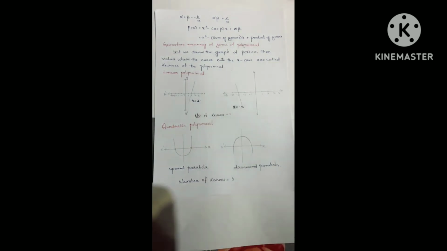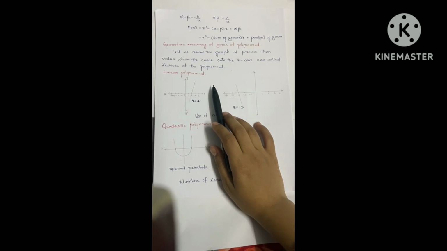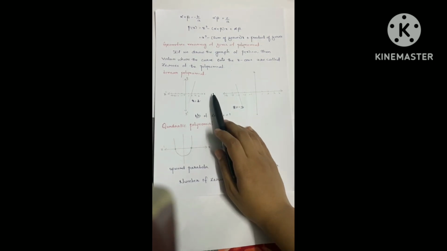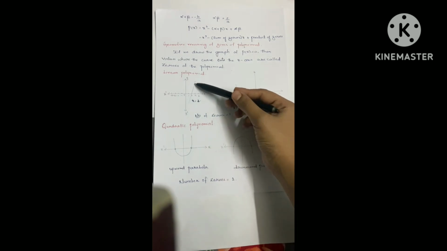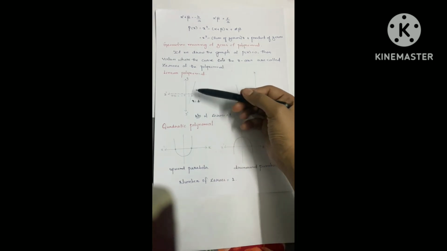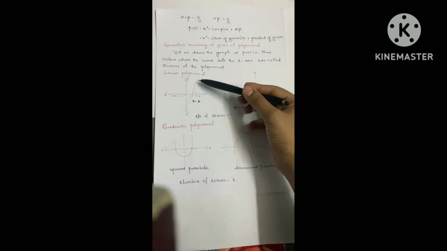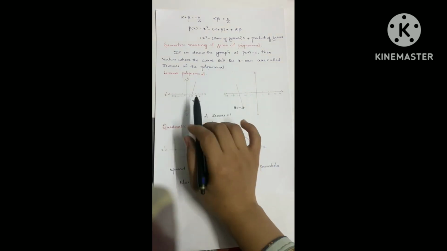For a linear polynomial, the graph is going to be a straight line. The point where that line intersects or cuts the x-axis is the zero of the polynomial. Here I have drawn two graphs.